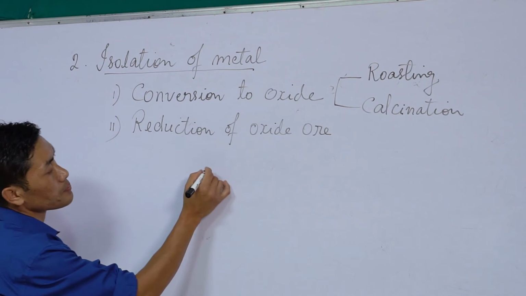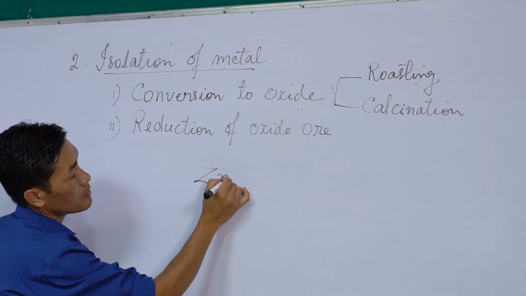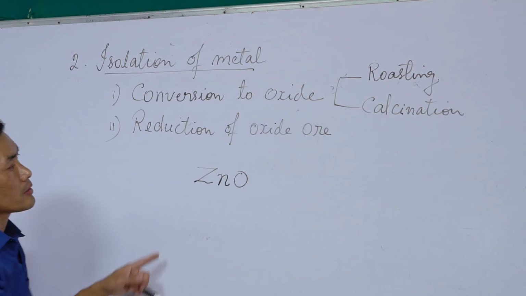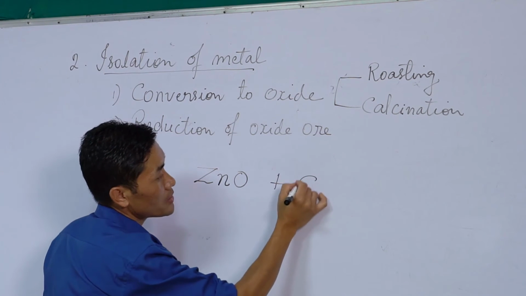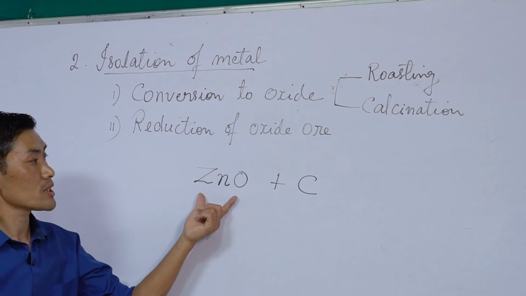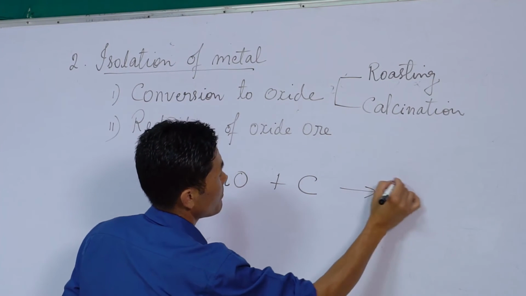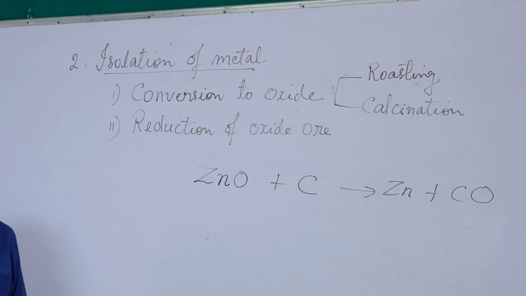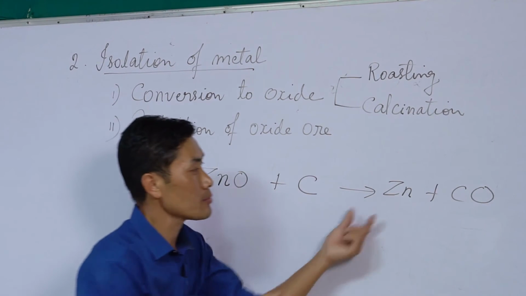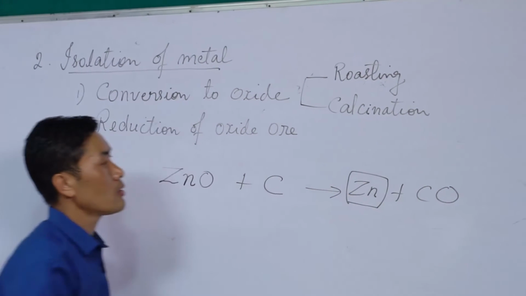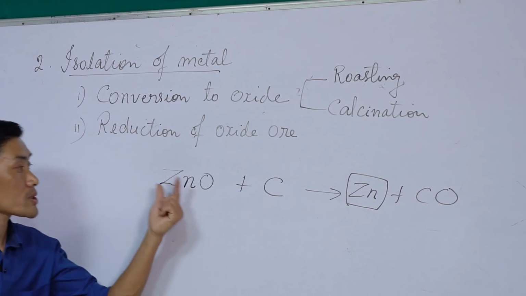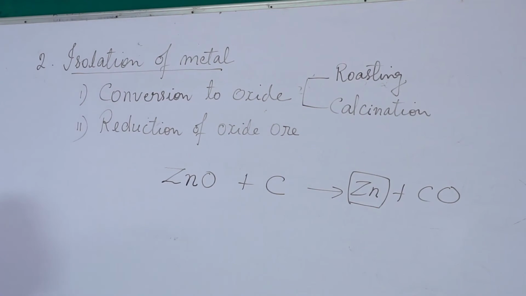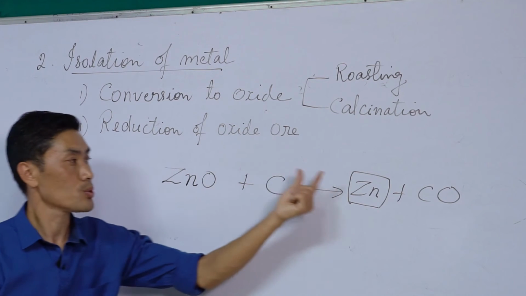For example, if we have zinc oxide, we can use carbon as a reducing agent to reduce this zinc oxide to zinc. Carbon monoxide will be given out as a byproduct, and zinc metal will be given out. That means the oxide ore is reduced to the metal. The zinc oxide is reduced to zinc.